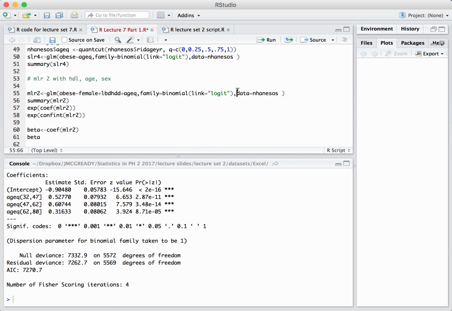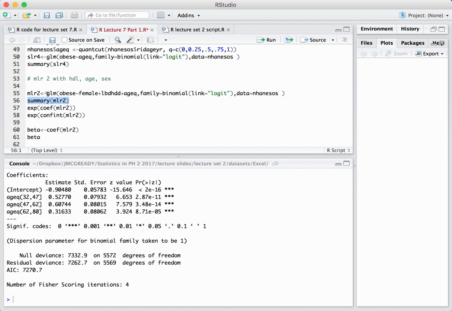We're pulling this again from the data frame NHANES SOS, and the family of our outcome is binomial, and the link that we're using relates the log odds of this outcome, the logit function, to the linear combination of an intercept, a slope for sex times sex, a slope for HDL times HDL, and slopes for the age quartile indicators.